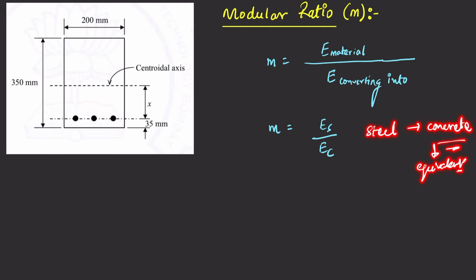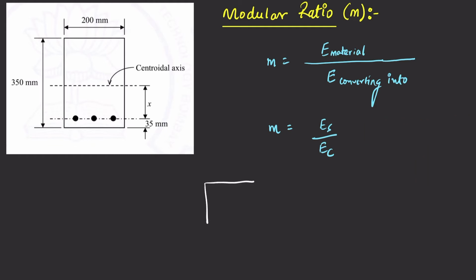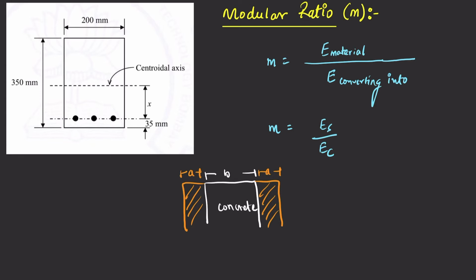Basically, suppose you have concrete of width B sandwiched between two steel bars, each of width A. To find the location of neutral axis, we need to convert the whole section into the same material.